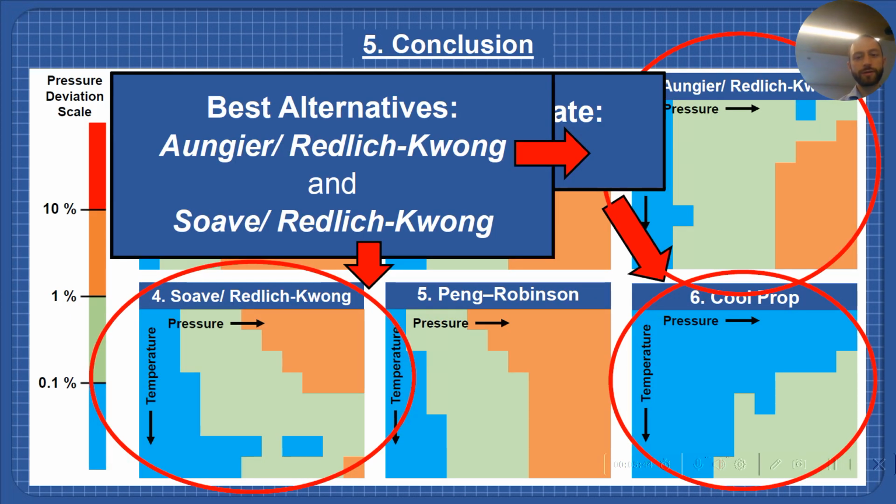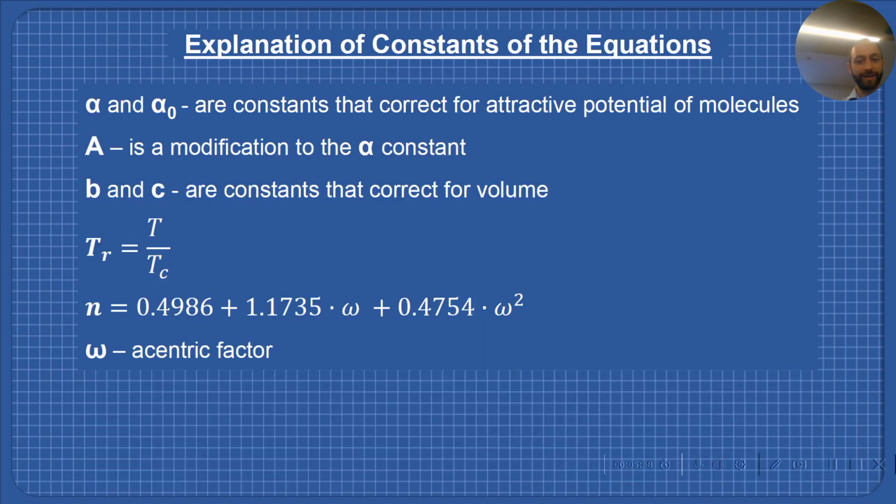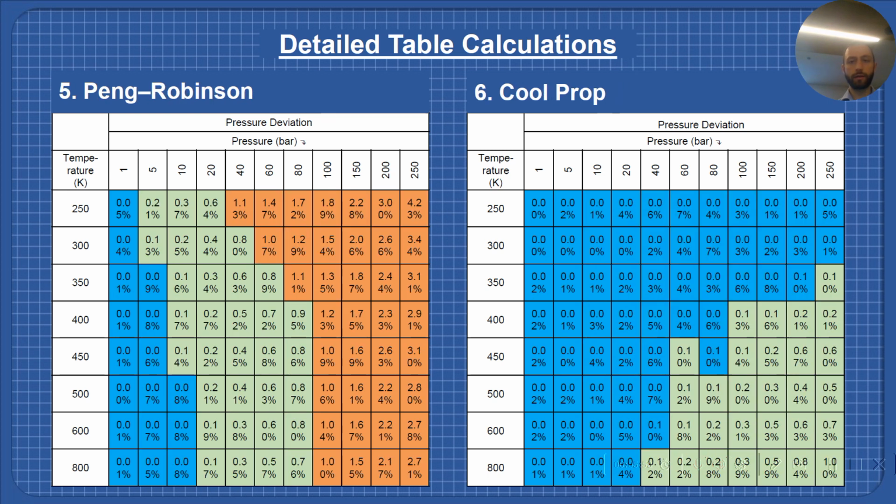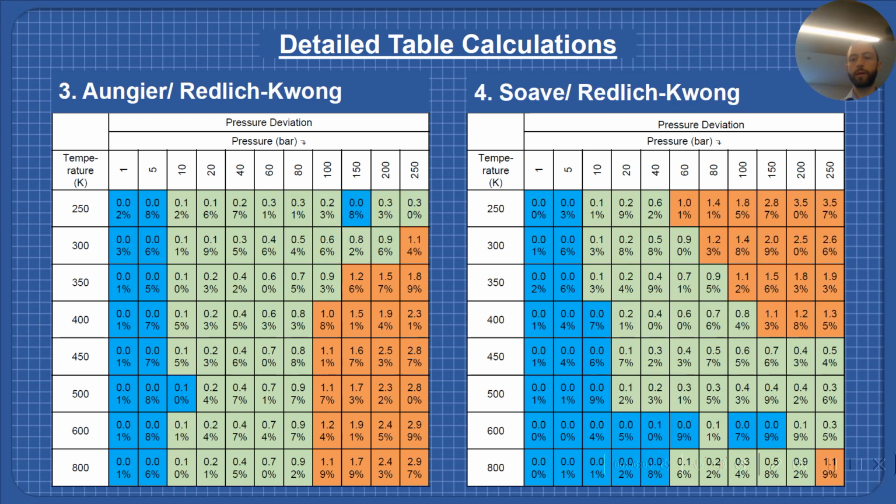So the conclusions, we would also have an animation here, so we will go back to the... Okay, as we can see, CoolProp is the best option, but as I told you, it's very difficult to create. So the other best options, if you want to create something on your own, are the Redlich-Kwong variant and the Soave-Redlich-Kwong, which depends on in which area you want to work.